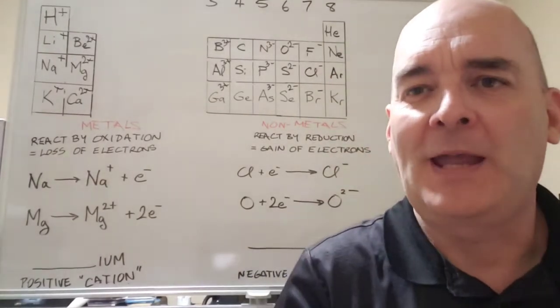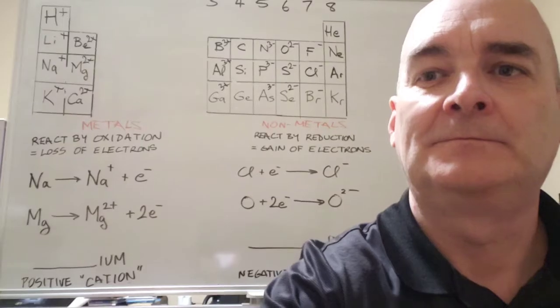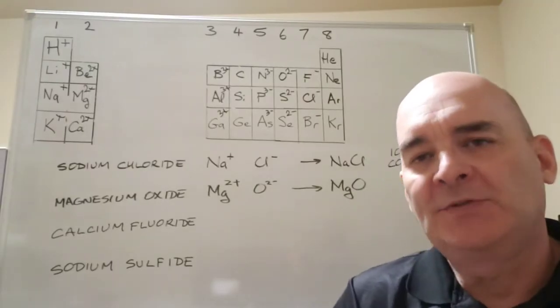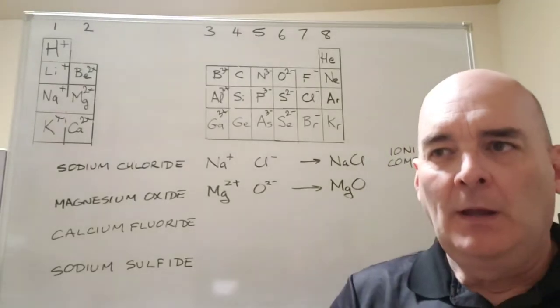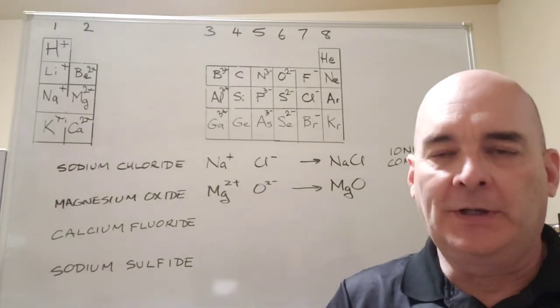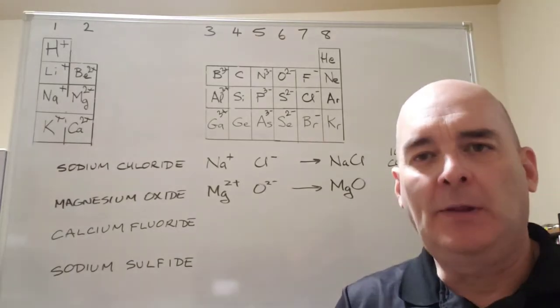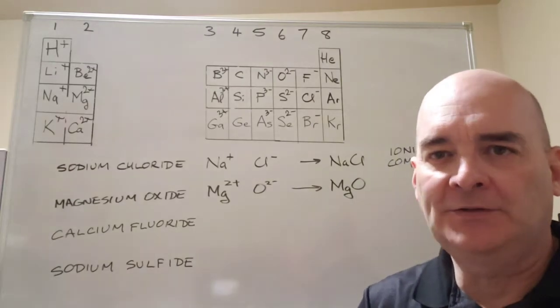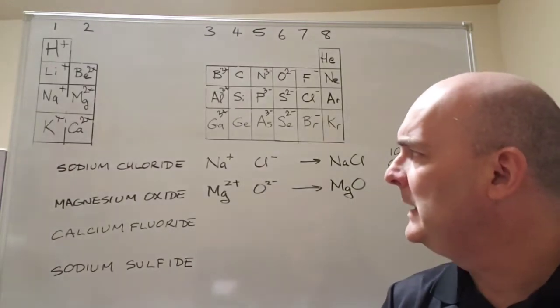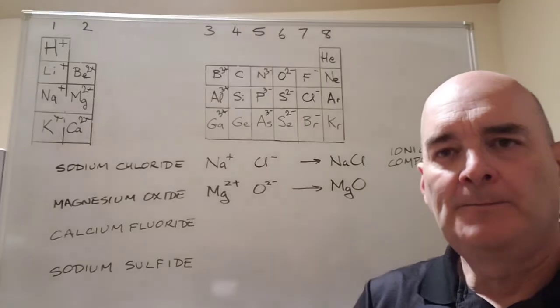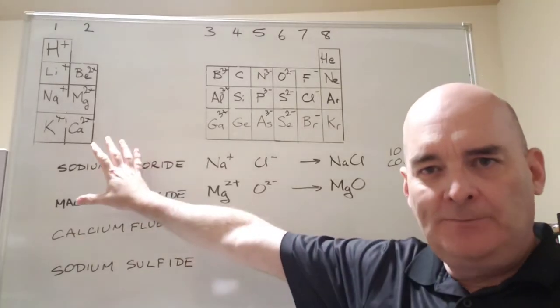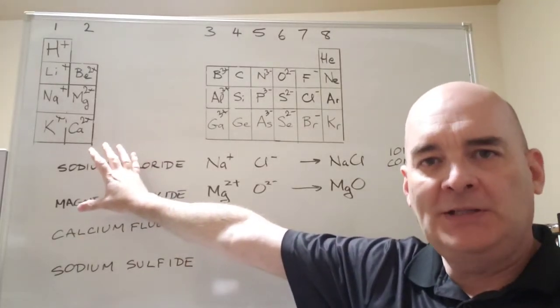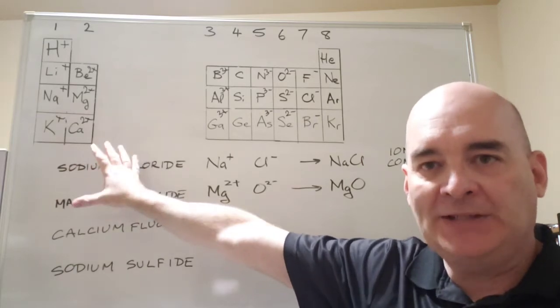We're ready to talk about chemical bonding now. There are 2 main types of bonding between atoms. One is called ionic bonding, that we'll see right now, and the other is called covalent bonding. In ionic bonding, we take a metal from the left-hand side of the periodic table and turn it into a cation.